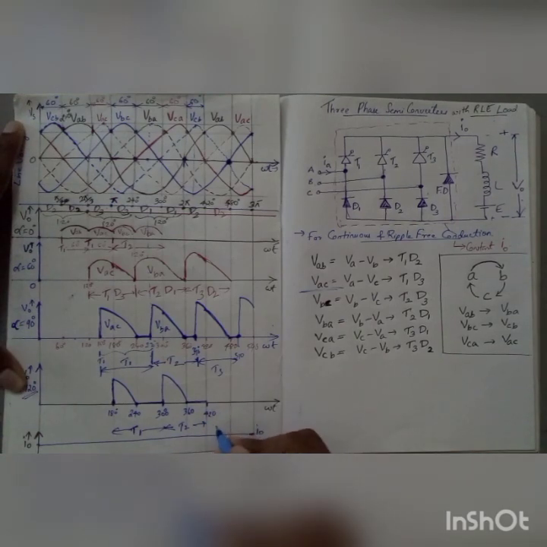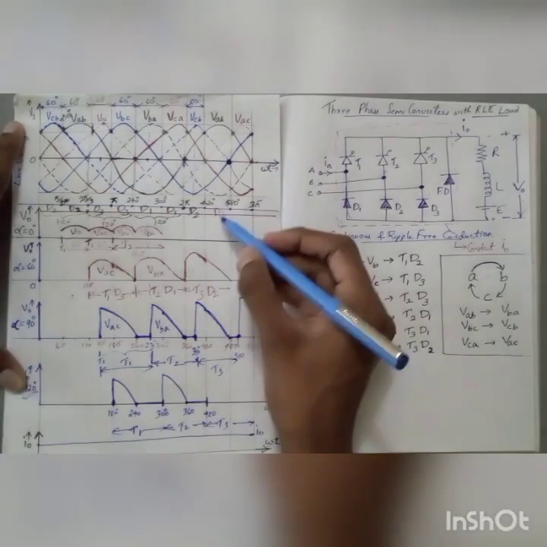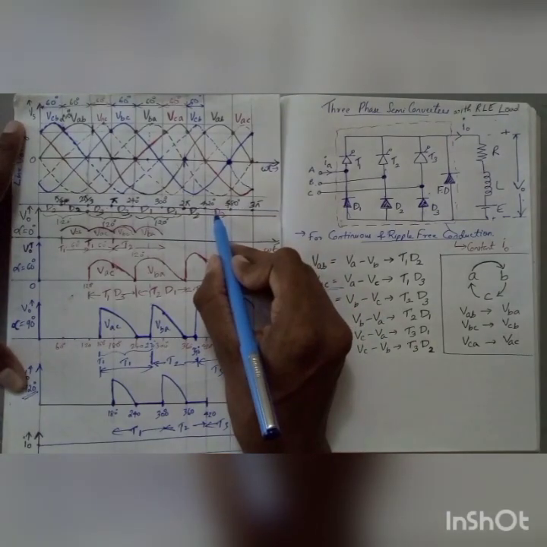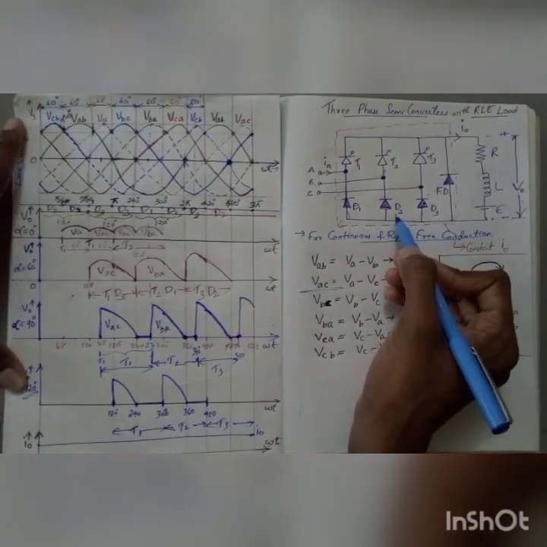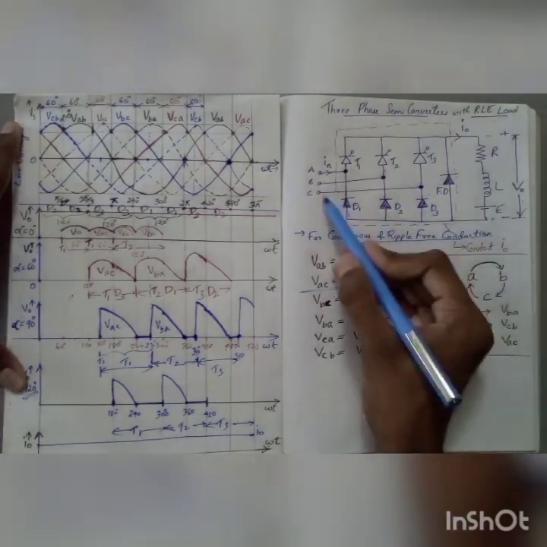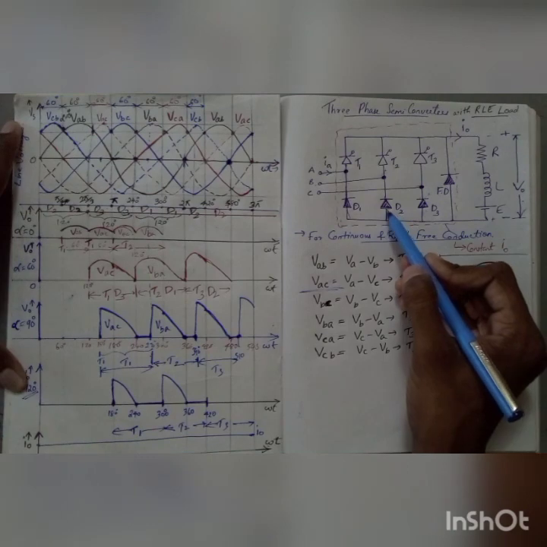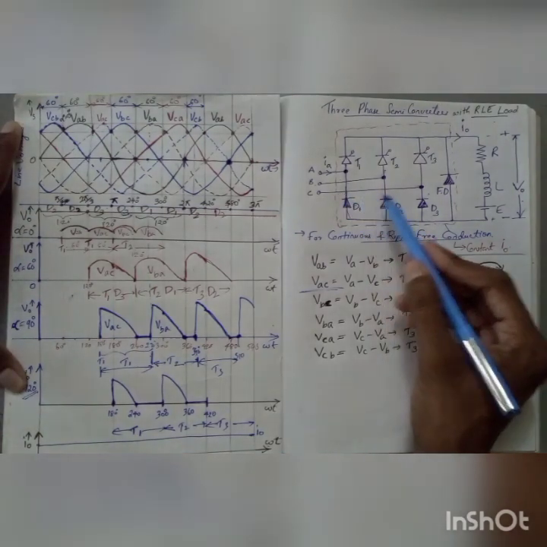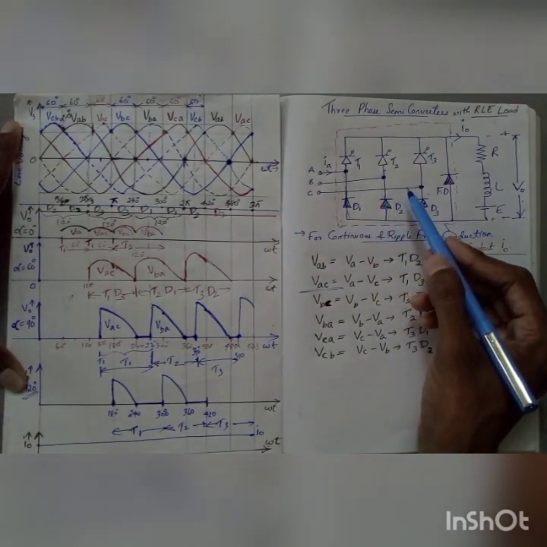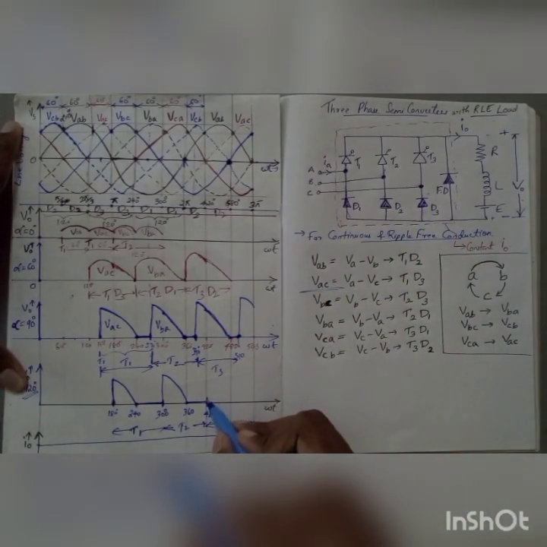Again at 420 degree, T3 is triggered, and at 420 degree D2 is already in conducting state. For the D2 T3 combination, T3 means C, D2 means B.